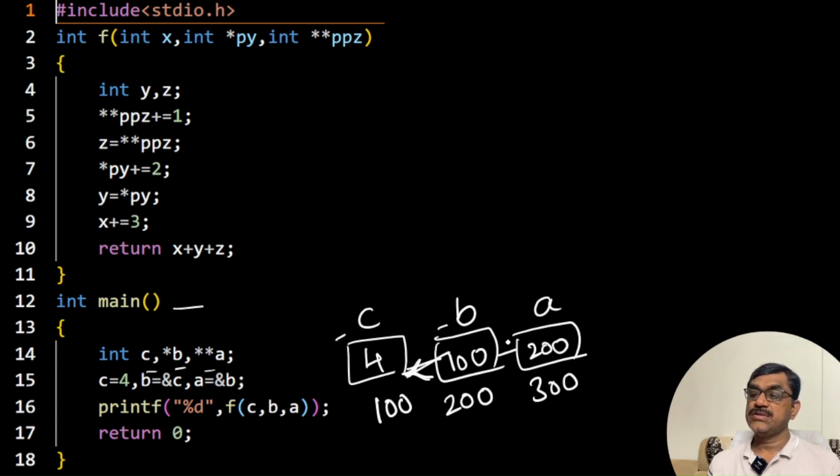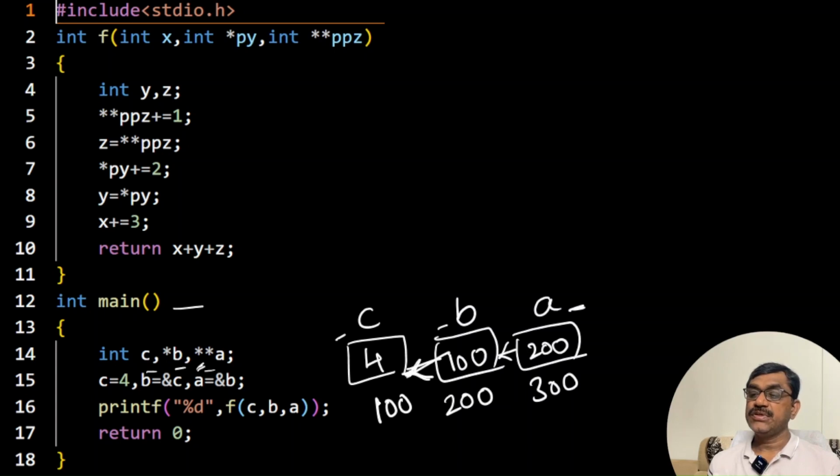So A is the pointer to B. Already we know that B is the pointer to C. That means A is a variable which consists of the address of another pointer. So that's why we call A the pointer to pointer. A stores the address of B, and B is again a pointer to C. So that's why we have to declare the variable A as a pointer to pointer like this.